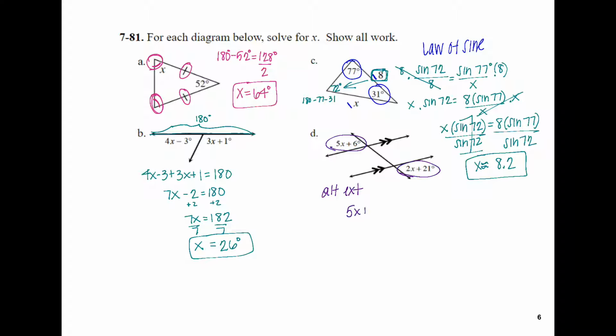So we can set 5x plus 6 equal to 2x plus 21, and use our inverse operations. So we get 3x is equal to 15. The inverse of multiplication is division, and we get x is equal to approximately 5 degrees.